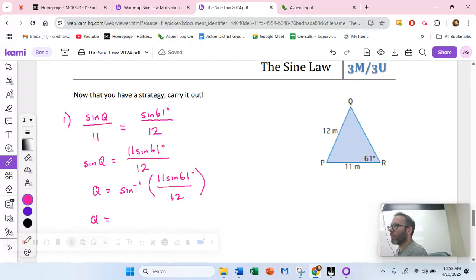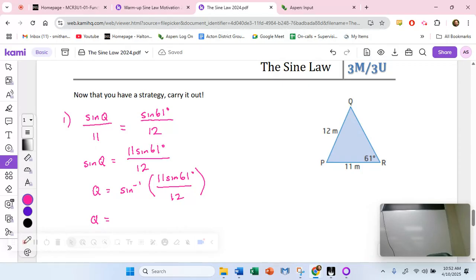For interest's sake, or you might actually prefer to start structuring your solutions this way. Here's an alternate way to show finding angle Q, where many of you guys are using a display calculator. So you can just do the inverse sine and then put everything in, 11 sine 61 over 12, and it will directly spit out the angle without having to write down a decimal and do any rounding.